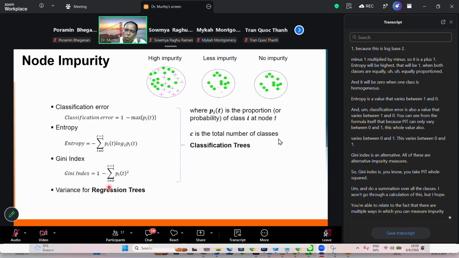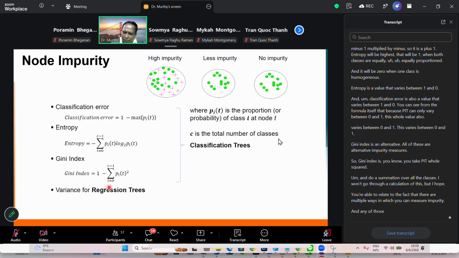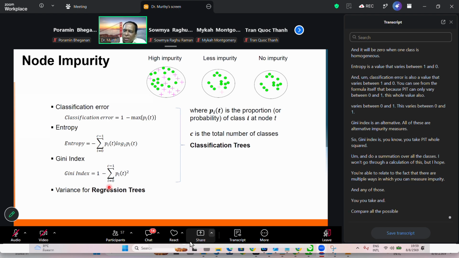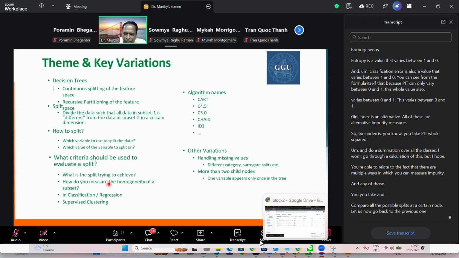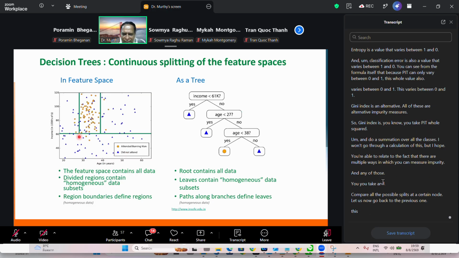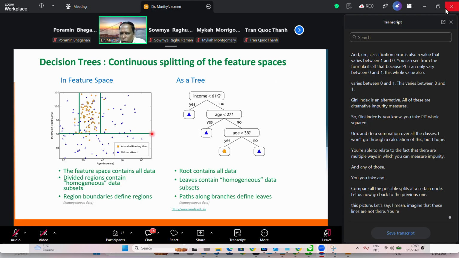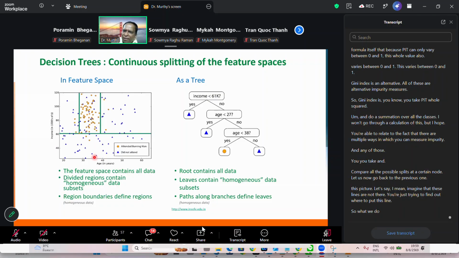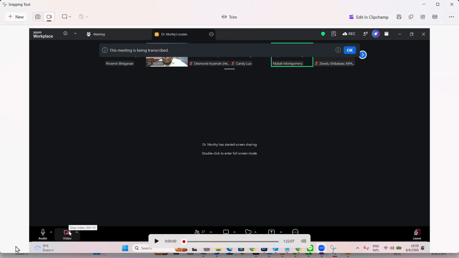And any of those you take and compare all the possible splits at a certain node. Let us now go back to the previous picture. Let's say, imagine that these lines are not there. You're just trying to find out where to put this line. So what we do is we consider all possible splits.